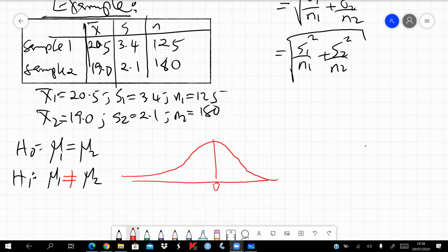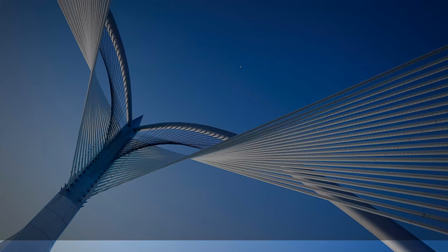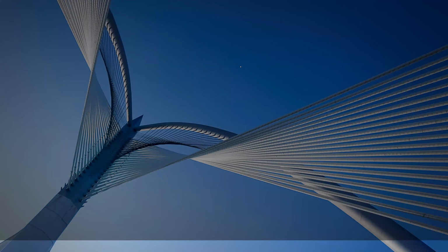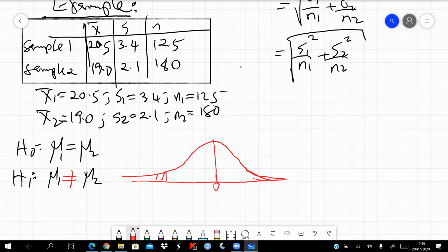What is the level of significance here? 5%. Yes, very good. If it's not mentioned, the default is 5%. By default, if you are not given an alpha, you use 5%.